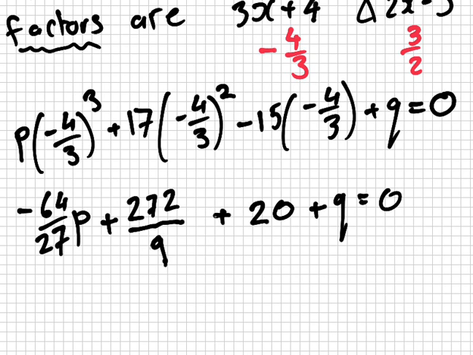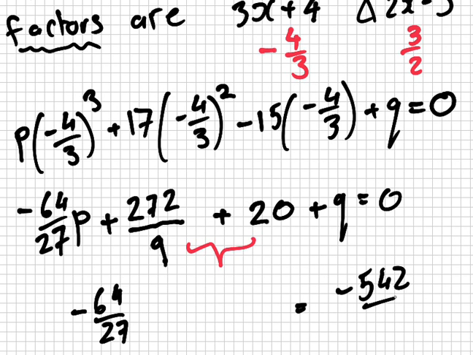So when you add these together, what do you get? Can you add the middle two for me, please? These two here. So minus 452 over 9 when I take it to the other side.